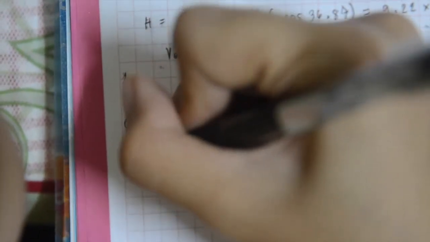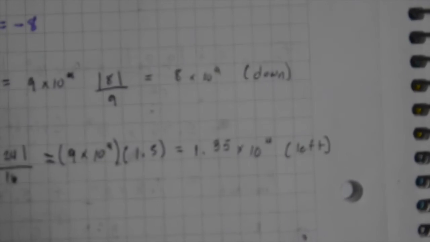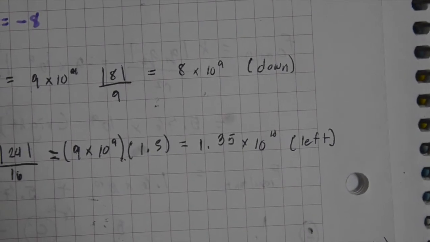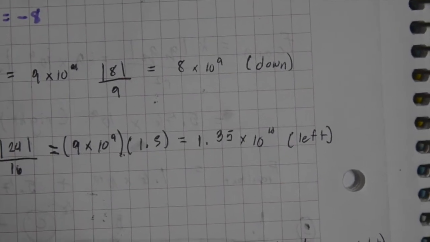Okay, so we have forces exerted by A, by C, and by D. For A, we have 8 times 10 to the 9th down.